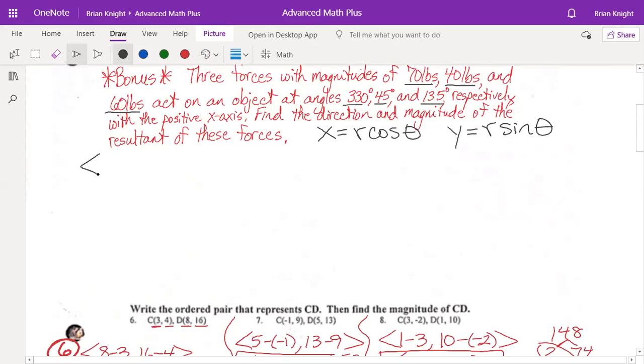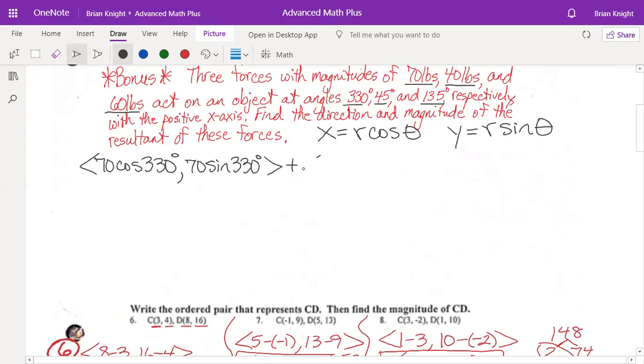So the first force, the X part of the force will be R. What's the magnitude? 70 cosine of 330. And then 70 sine of 330, that's the Y component of that force. Everybody with me?